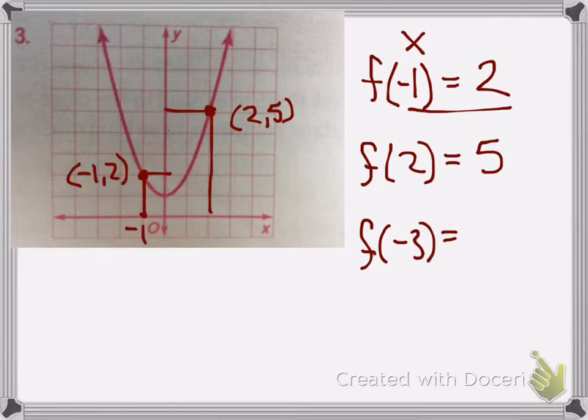And then if I go to negative 3, I'm right here. 1, 2, 3, 4, 5, 6, 7, 8, 9. So I'm at 9. You're basically looking at those points, and remember these are the x's, and you're just telling me what are the y values on the graph. Notice that all 3 of these points are on the graph.